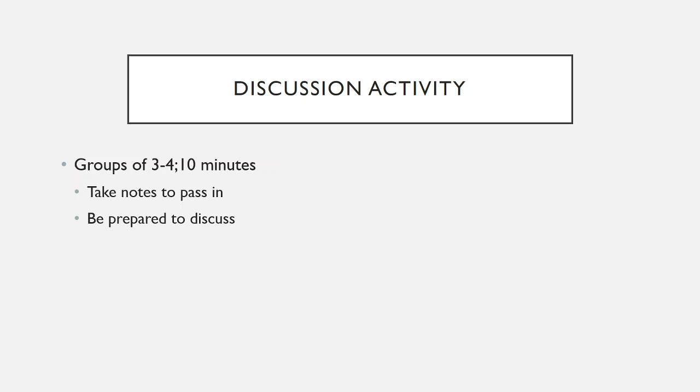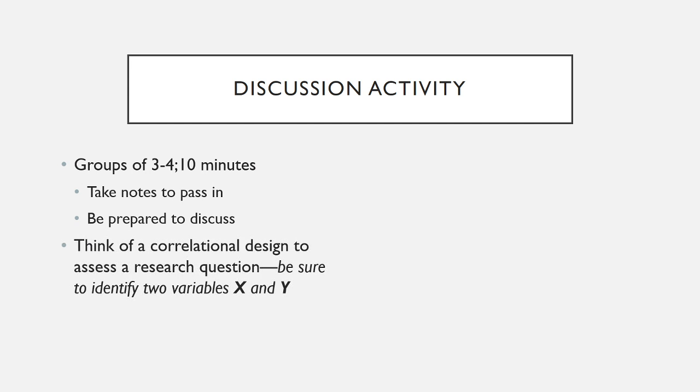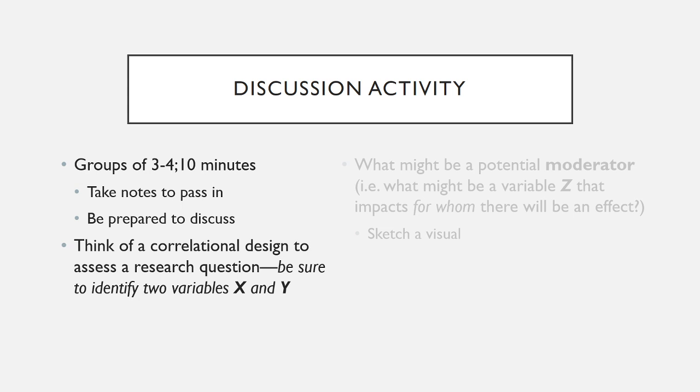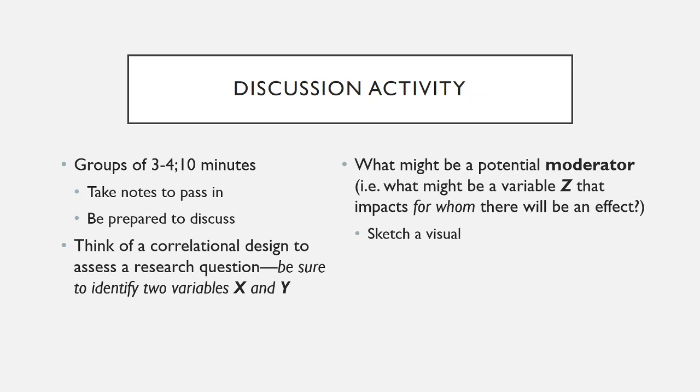So then for your discussion for the week, which is available on Canvas, you can choose to talk about a correlational publication that you found. Basically just find a paper on PsycInfo that has a Pearson's r, or you can think through a moderation. So identifying a correlational design where you make sure that you're identifying two variables, and then identifying a third variable representing your moderator.